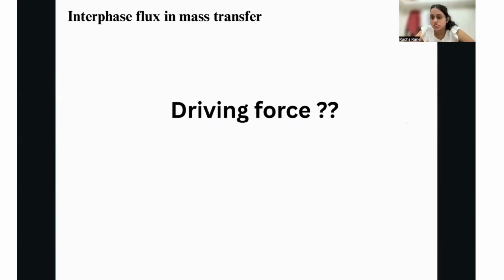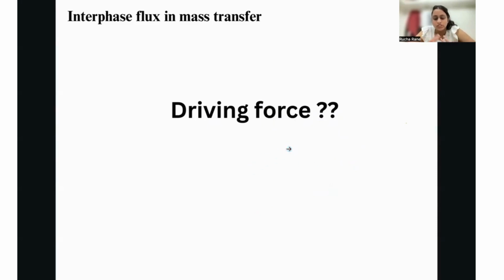But this is not necessarily true in mass transfer. Even if both the phases have the same concentration, it is not necessarily true that they are in equilibrium. So, the actual definition of driving force for mass transfer is not merely concentration difference, but actually the chemical potential. Both concentration difference and chemical potential are driving forces of mass transfer.